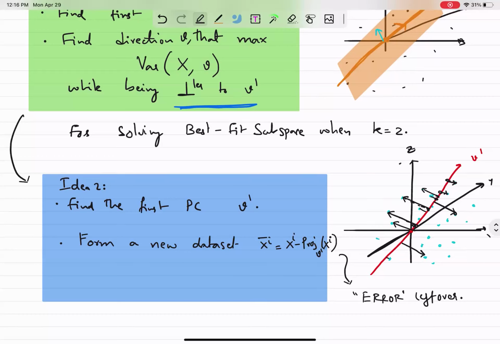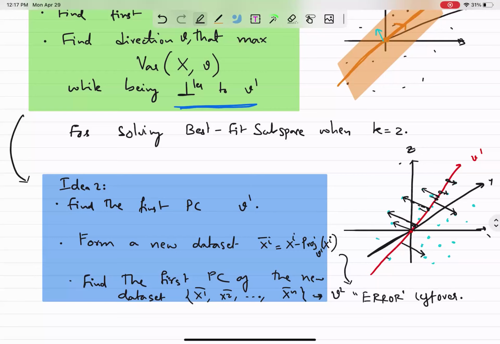Form a new data set which contains only these perpendicular error vectors. Now try and approximate it again, the best you can, with a single direction. So maybe find the first principal component of the new data set, x1 bar, x2 bar up to xn bar. You can call this your v2.